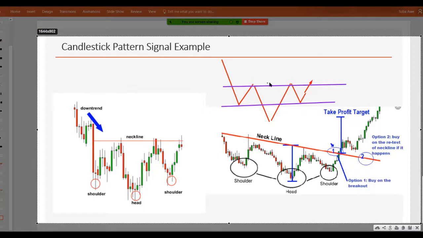So this is a resistance line. Once this candle closes above this, and we know what a candle close is from the previous slide, that's if I have a candlestick forming like this, a candle formed like this, that is a candle close. I may have a line like this. I may have another one like this.